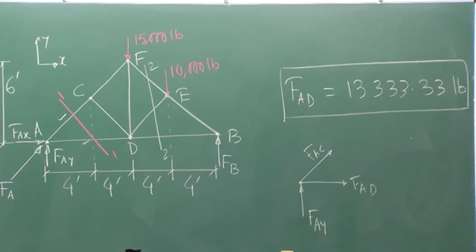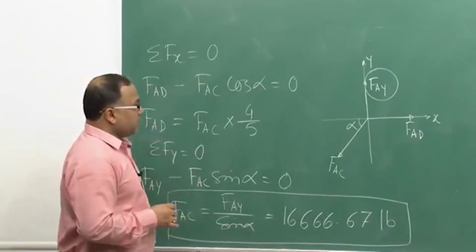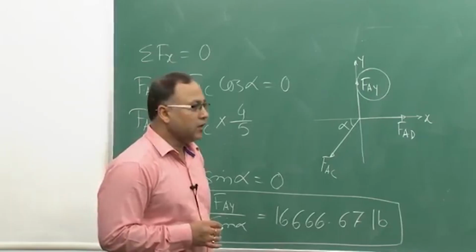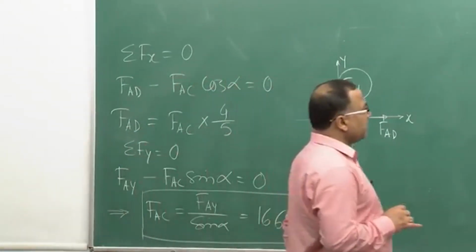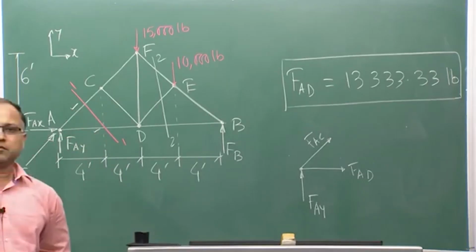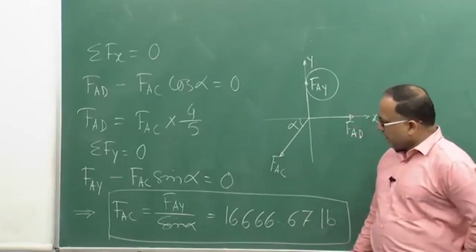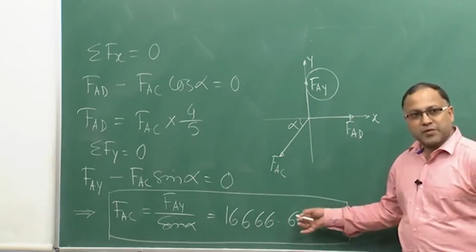Now, if you look at this problem, we considered FAC was compressive, right, before starting the analysis, and we considered FAD, that is the member force in AD, was tensile. So, after analysis we found that FAC is coming positive, this is the value, and it is coming positive.